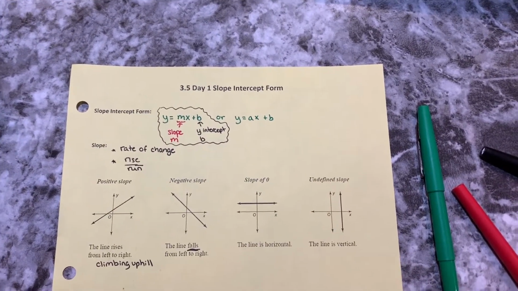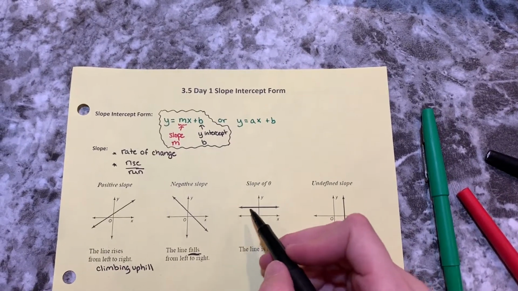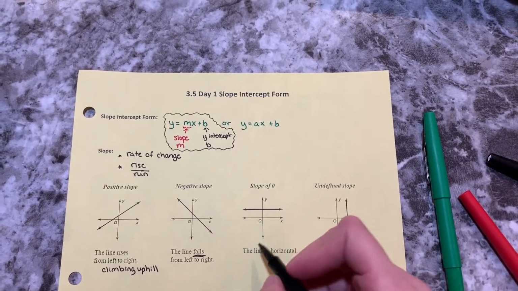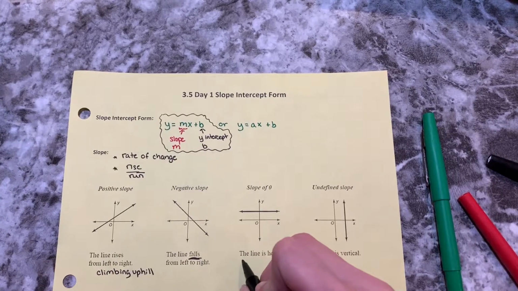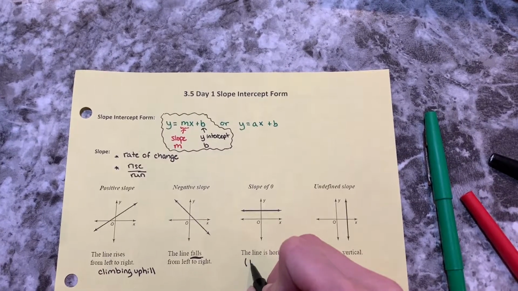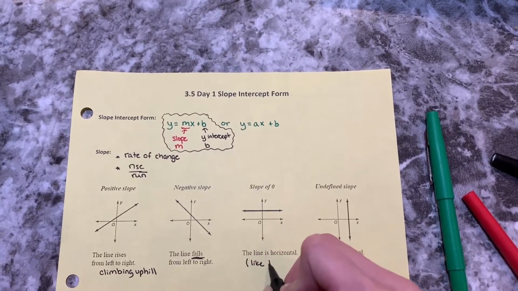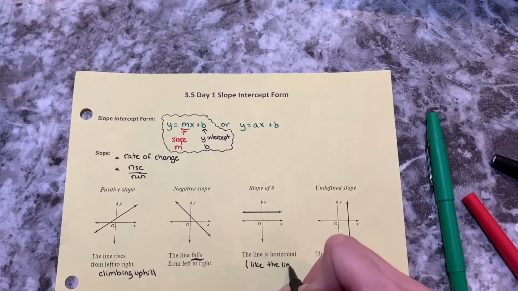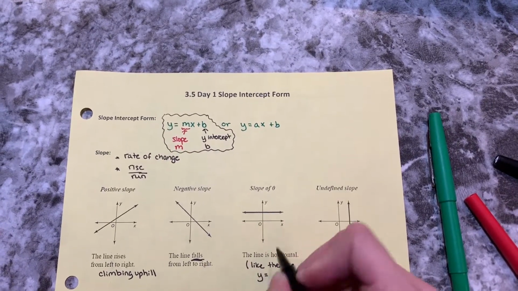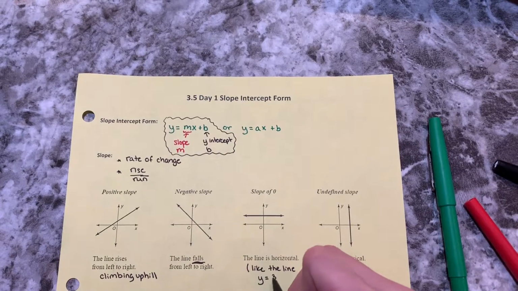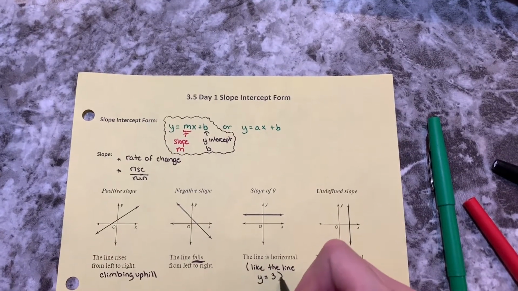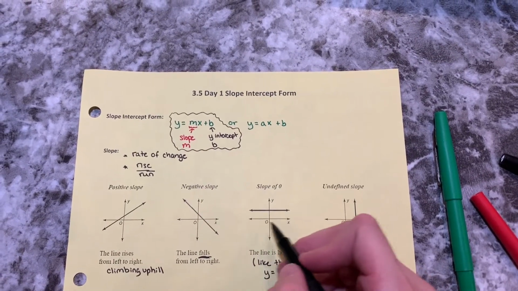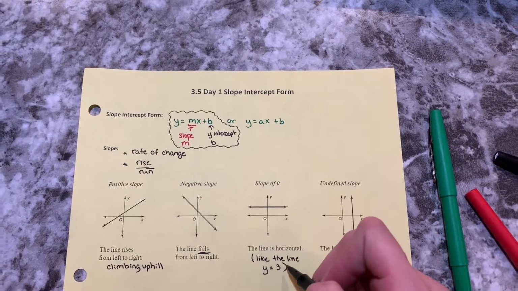Okay. I'm going to add the note here too, that if we have a horizontal line, remember that line looks like this, y equals 3 or something like that. Y equals a number because that horizontal line crosses the y-axis.